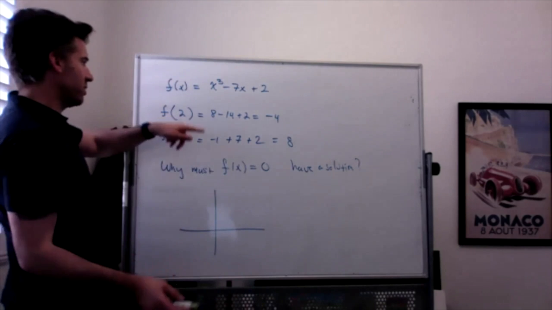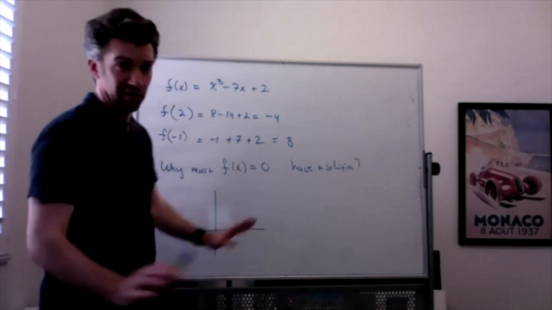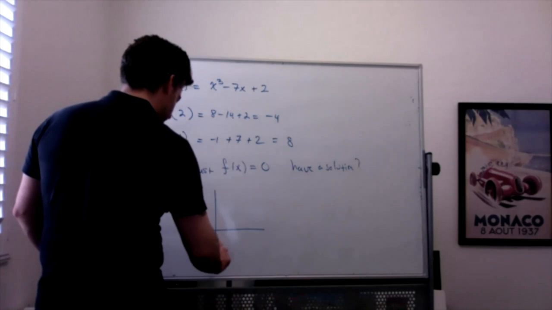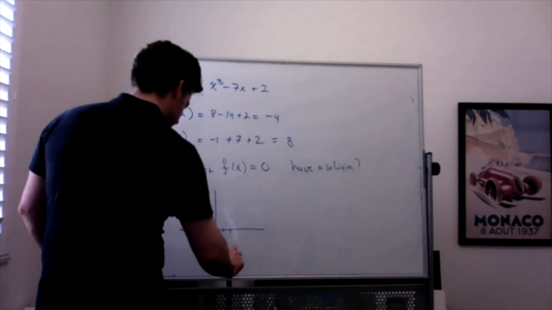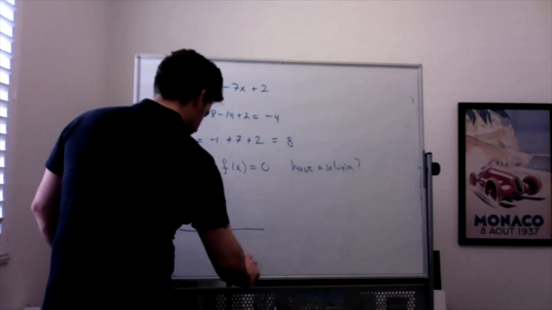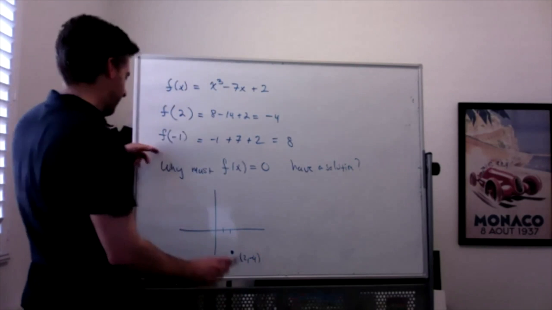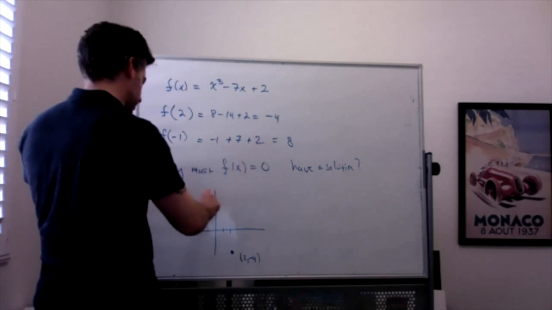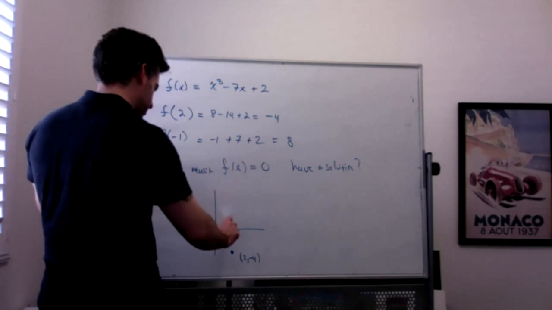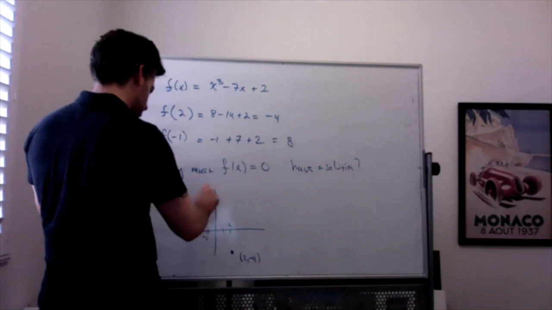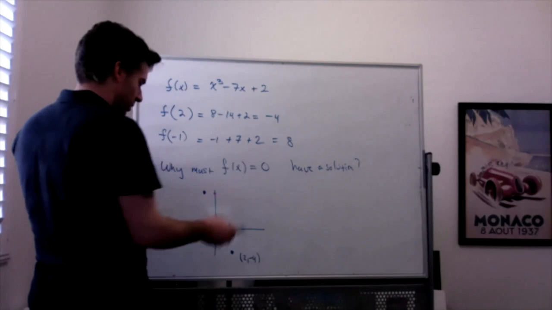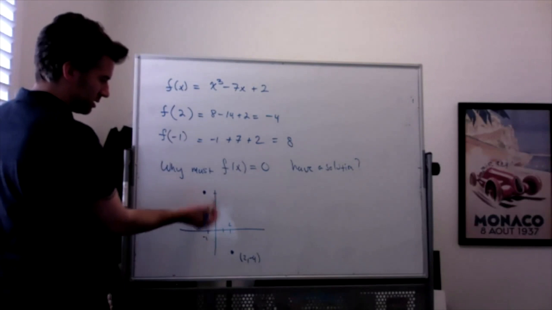I've got f of 2 equals -4, so I'm not going to draw a great picture. So here's f of 2 equal to -4, and f of -1 is positive 8. So let's say -1, 8. We know our function goes through these two points.